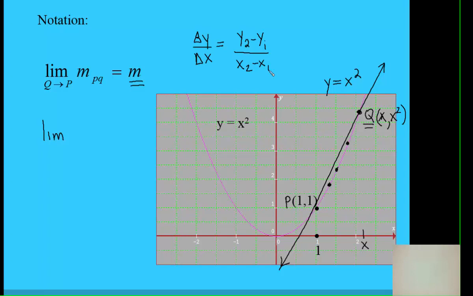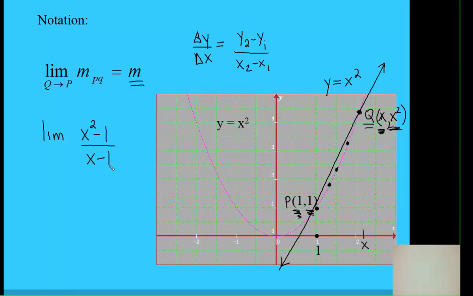Now, let's write in our y sub 2 minus y sub 1. So our y sub 2 is simply x squared. y over here is our x squared. That's our y sub 2. And y sub 1, in this case, is just 1. So we have x squared minus 1 divided by x sub 2, which is just x, minus x sub 1, which is 1.